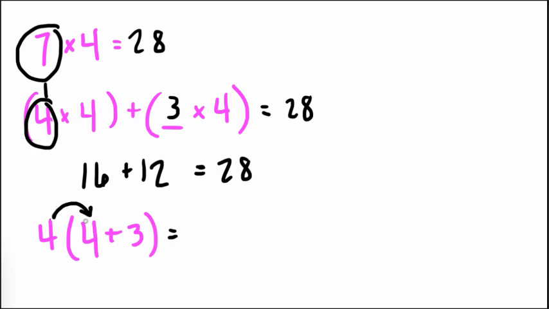Well, the 4 is going to multiply, and when we have parentheses, it means multiply. 4 times 4, and you might start to see a pattern. I'm going to do it in green. 4 times 4 is 16. 4 times 3 is 12. That's 28. So all of these problems are going to give you 28, and that's what the distributive property says.